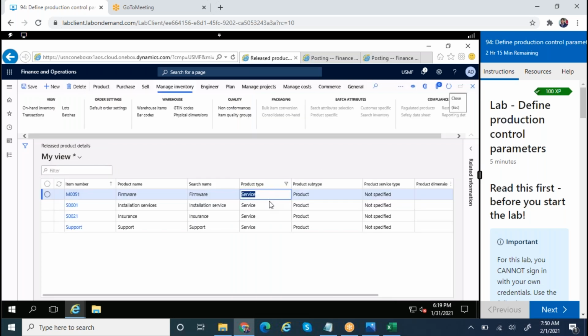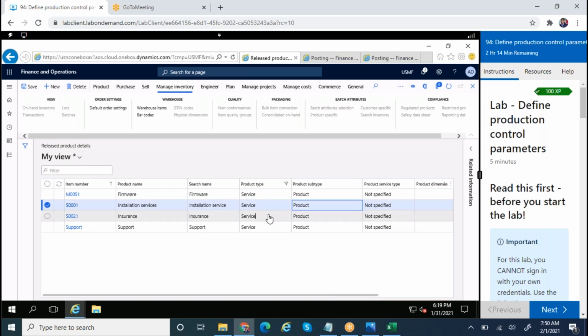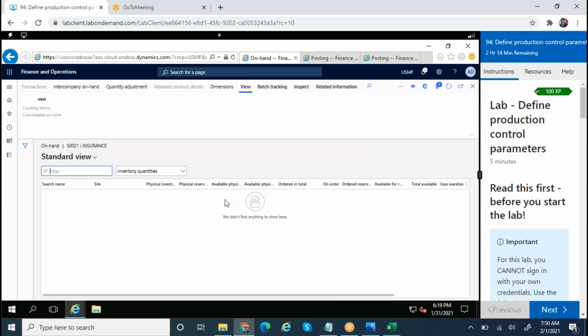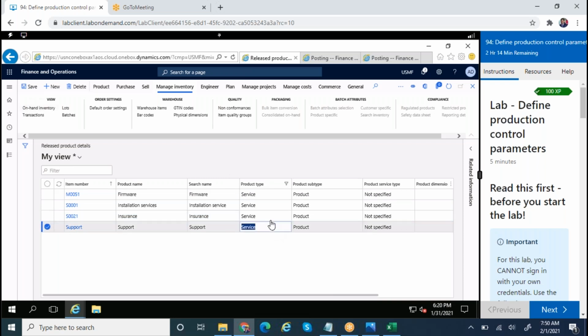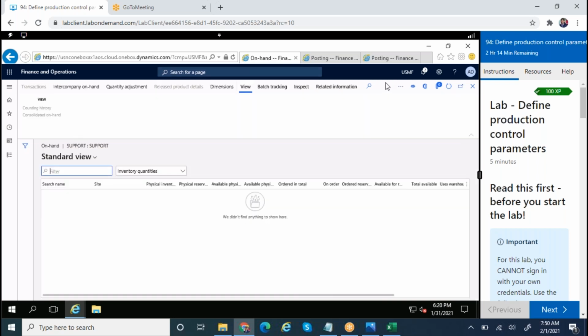On hand inventory will be zero for service items. But sometimes the button is also disabled. If the button is enabled, you cannot see any column. You will not find, even if you do any number of transactions with type service, you will not find on hand inventory. Understood?